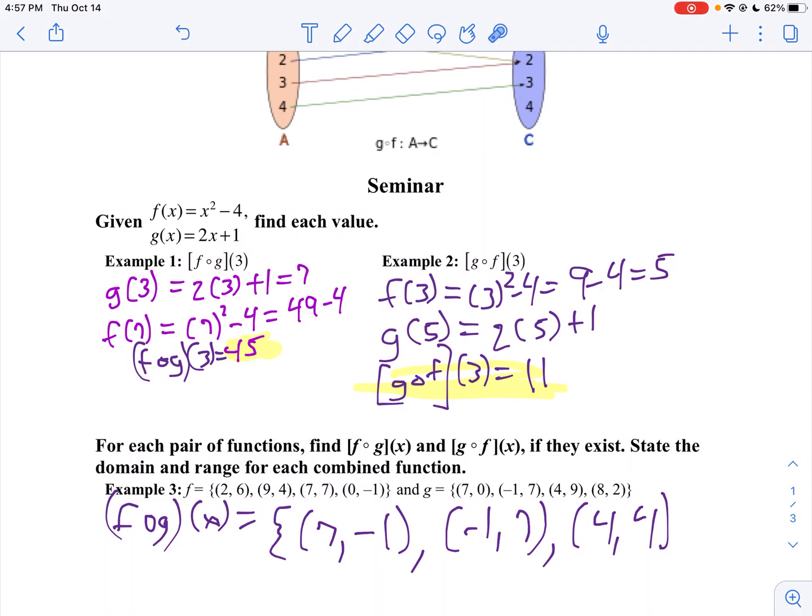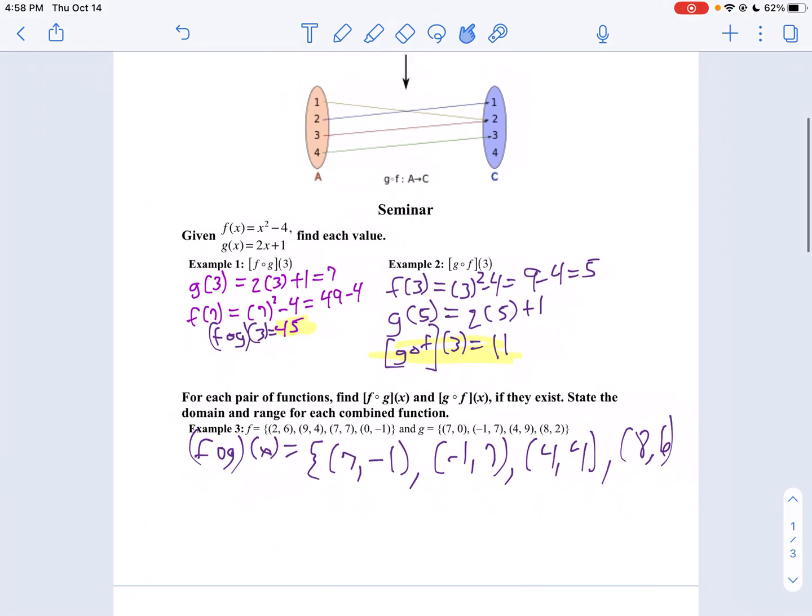And then the last one, 8 takes me to 2, and 2 takes me to 6, so it's 8, 6. And there we have it.